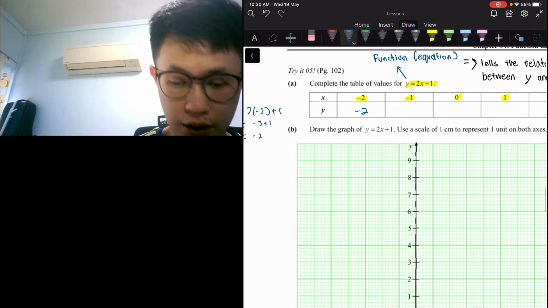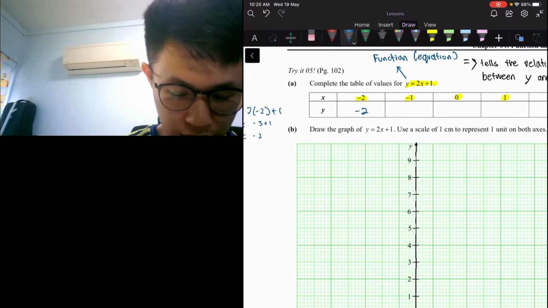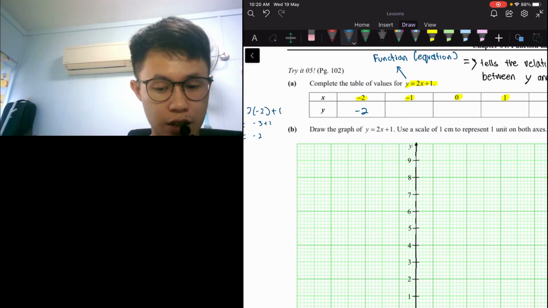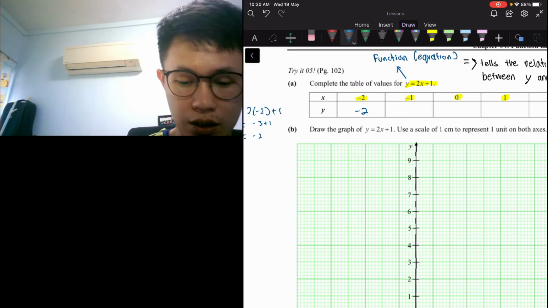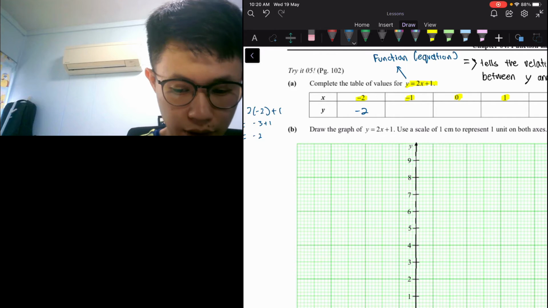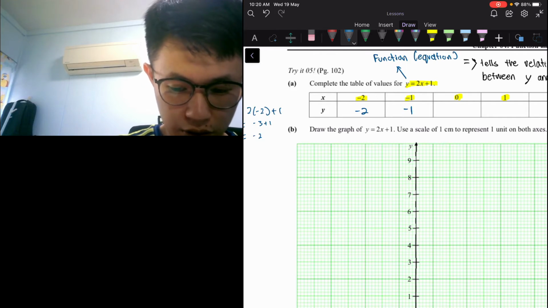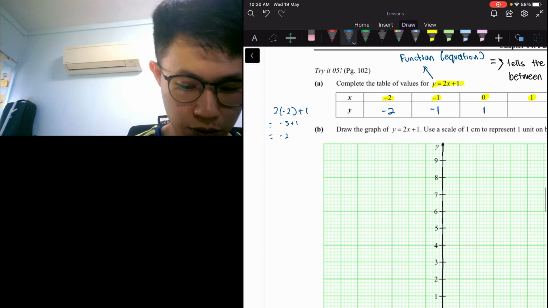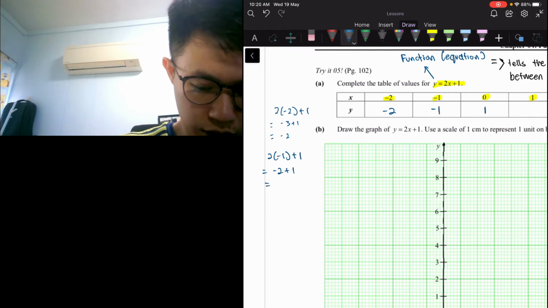Okay, then we go on to do the next. When x equals -1, what do we have? 2 times -1 is -2, plus 1, that will give us -1. When x equals 0, this equals 1.